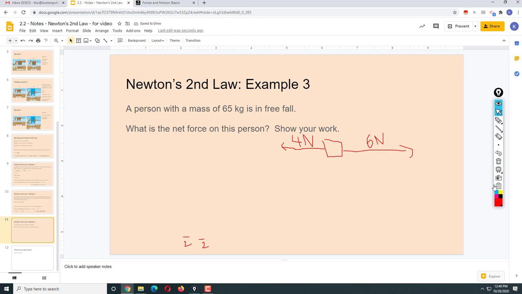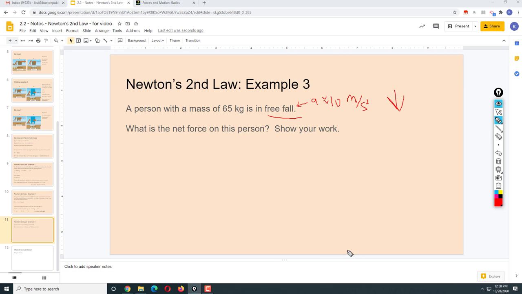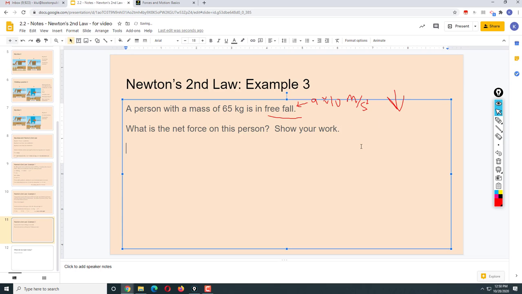Final example. A person with a mass of 65 kilograms is in free fall. What is the net force on this person? Well, free fall on Earth, the acceleration is about 10 towards the Earth. In other words, mass is 65 kilograms, acceleration is about 10, and we want the force.